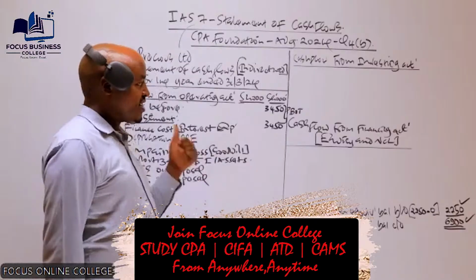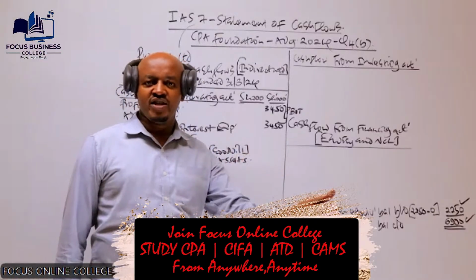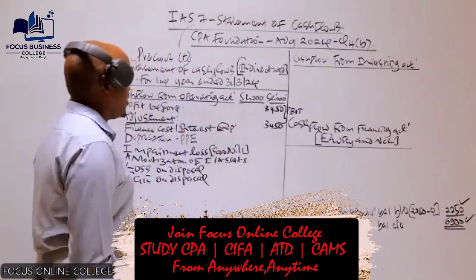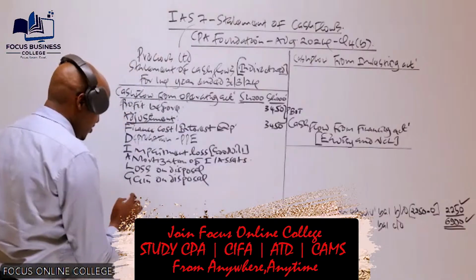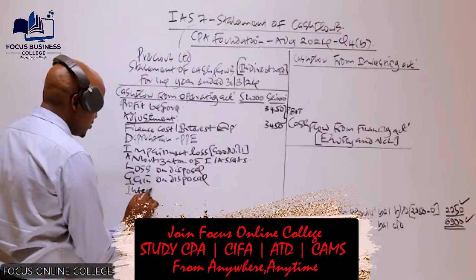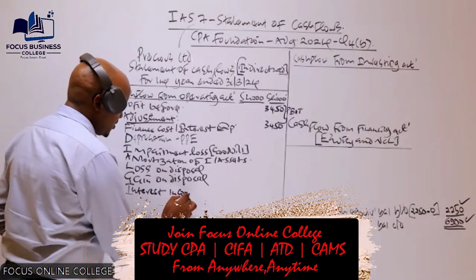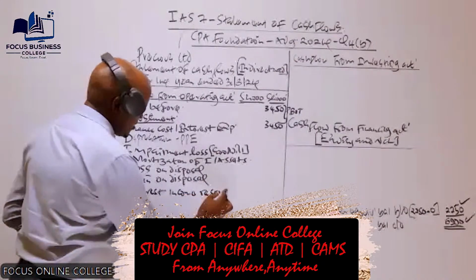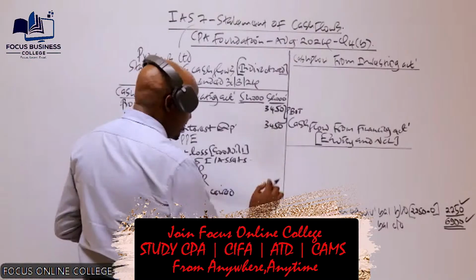Now, anytime you're given an interest received, a company receives interest as a result of having invested. Because that interest has already been included in this profit, you come here and you less it. So first of all, we can skip all these items, and then we take the interest income which was received, which has already been added in this profit.